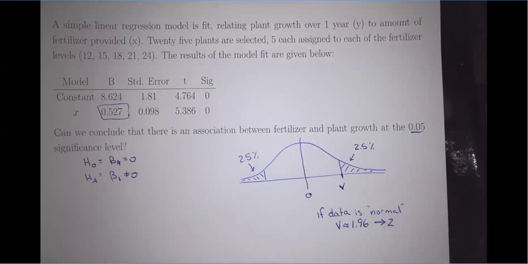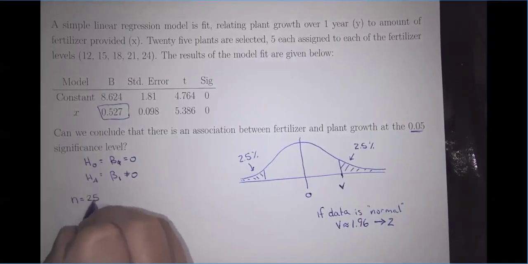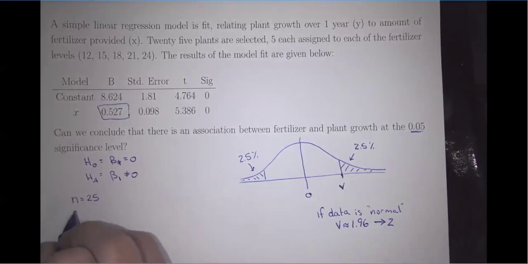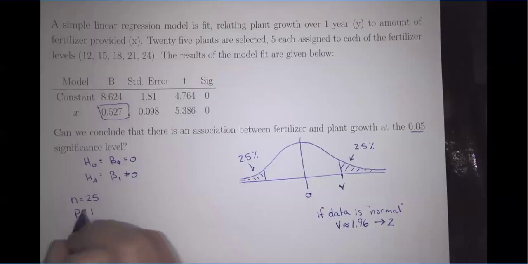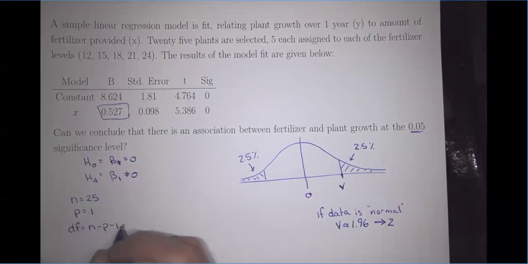Now, in this particular example, we've got N equals 25. We've got 25 plants that are selected. Our model has one parameter, one variable X. So the degrees of freedom here are N minus P minus 1, or 23.